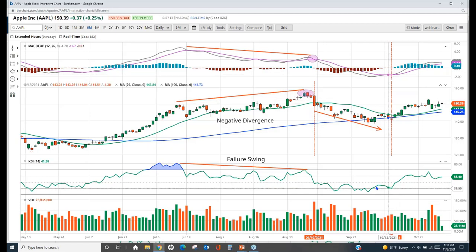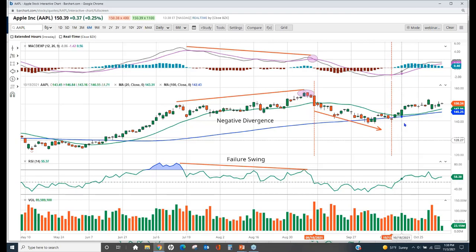and our RSI is starting to move from what we would consider the negative RSI below 50 to above 50, turning to the positive. So they are confirming that this market is now starting to gain momentum to the upside.